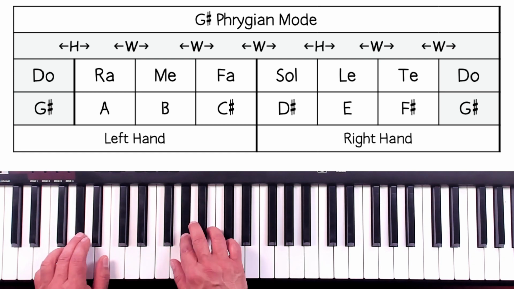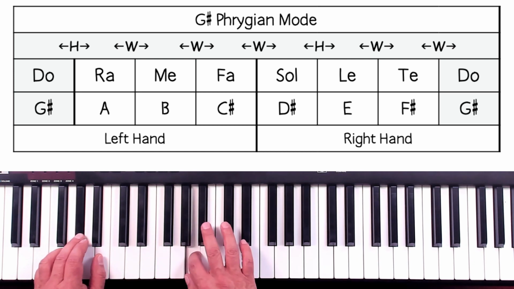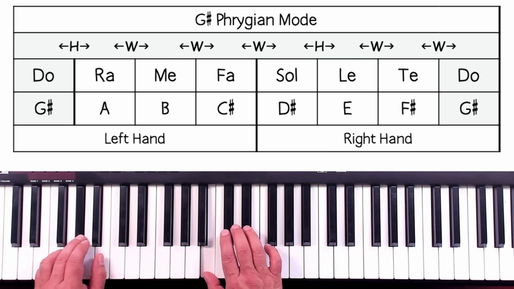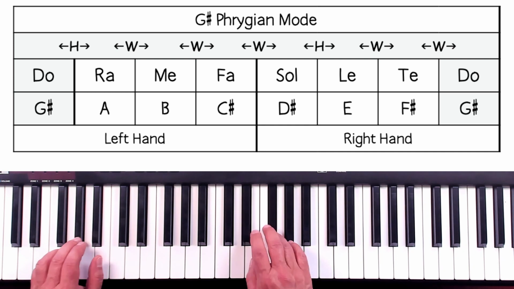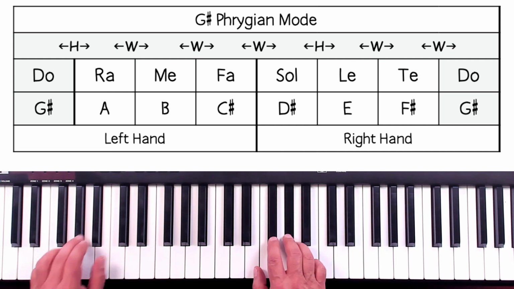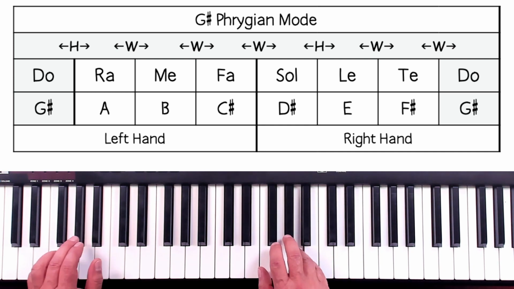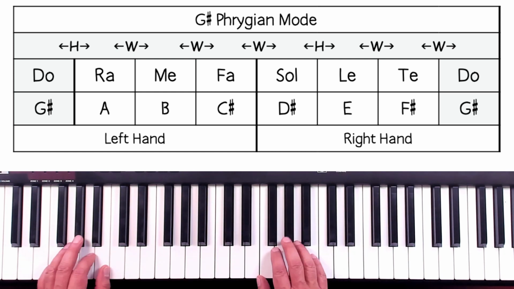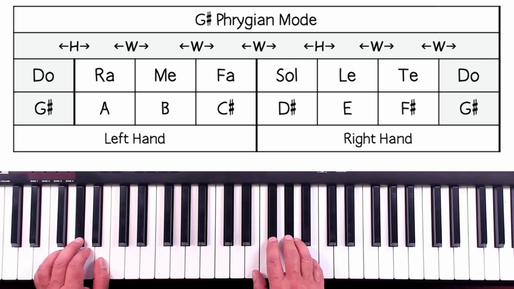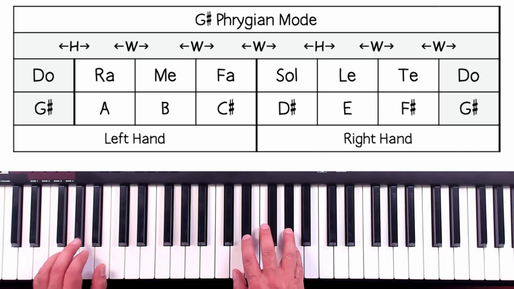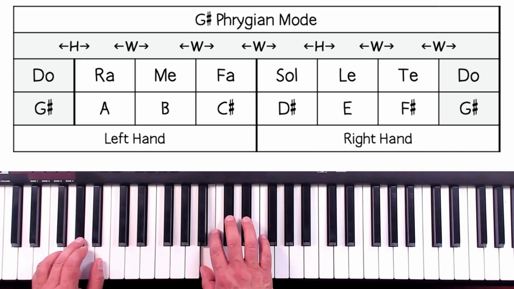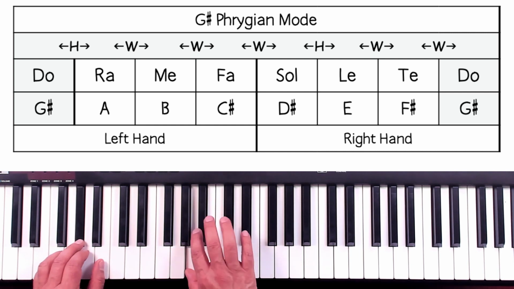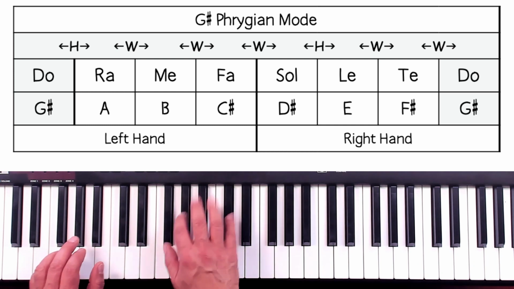Do, mi, ra, fa, mi, sol, fa, le, sol, te, le, do, te, ra, do. Descending: do, mi, te, ra, le, do, sol, te, fa, le, mi, sol, ra, fa, do, mi, do.